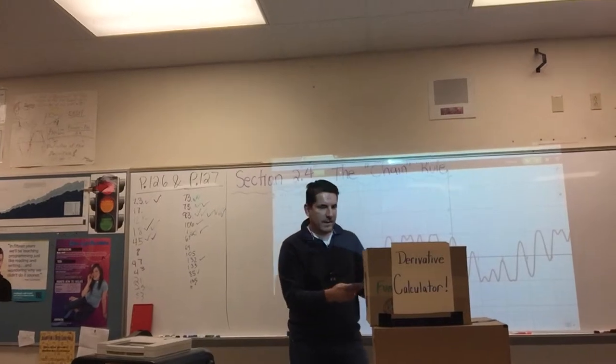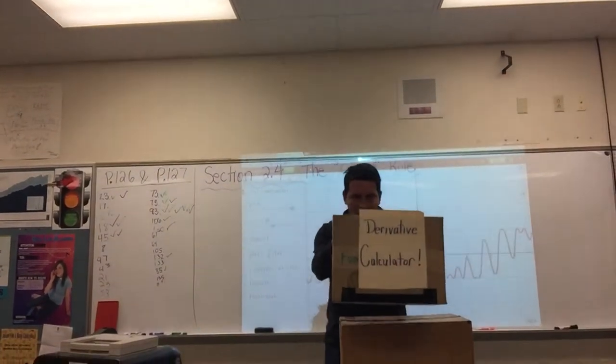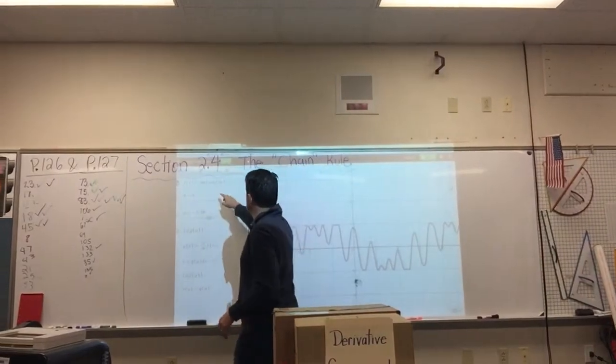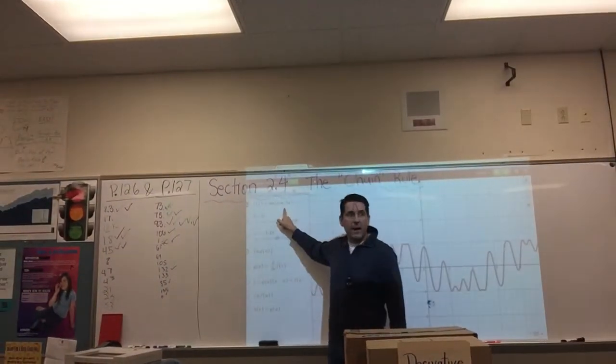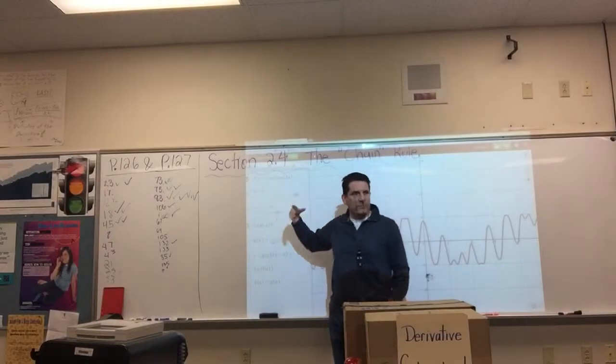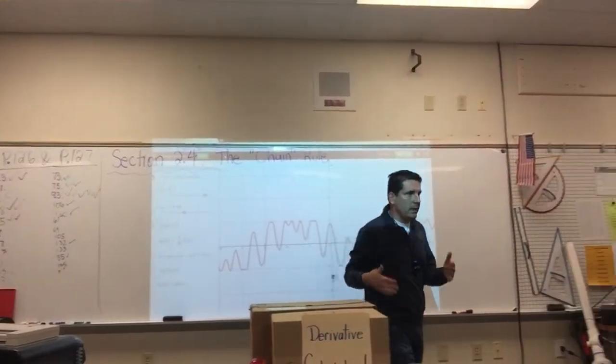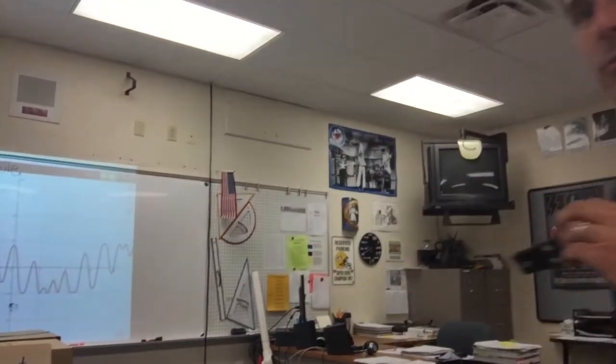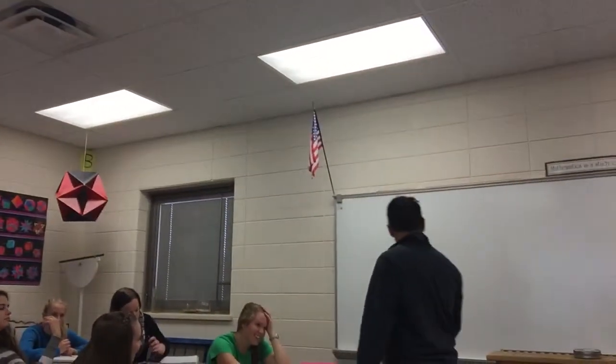Now, this is what allows us to do something like this, and we're going to do this at the end of the hour. After we do a couple of them, we're going to do a bunch of them together, just to make sure that you got it. We're applying the chain rule to find the derivative.